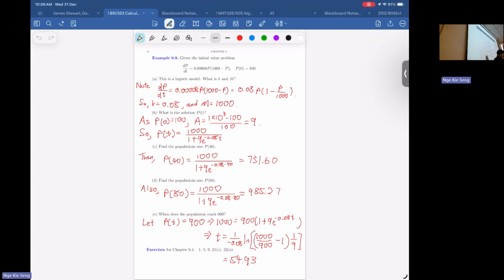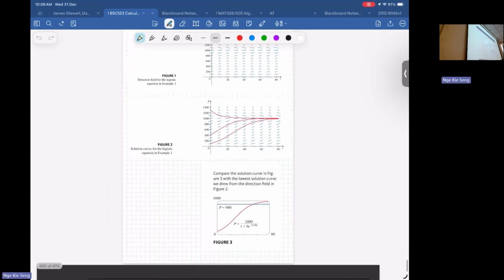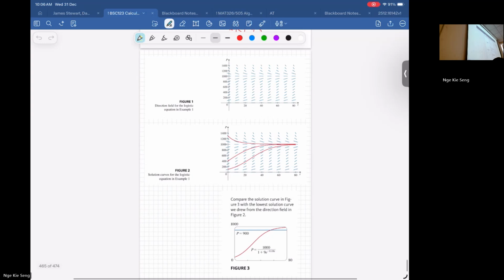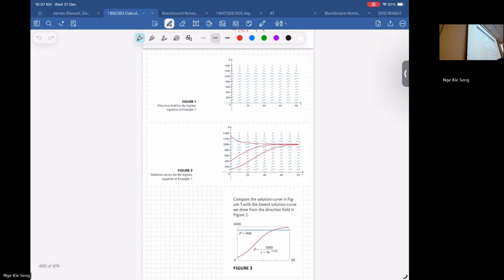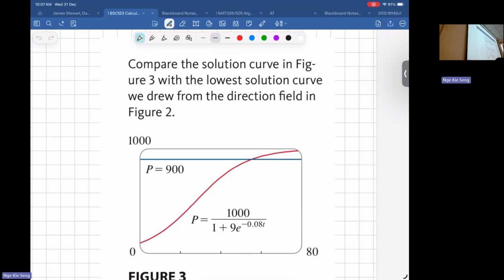So these answers make more sense now. And then some nice picture shown by the textbook, showing how the growth of this logistic model works.